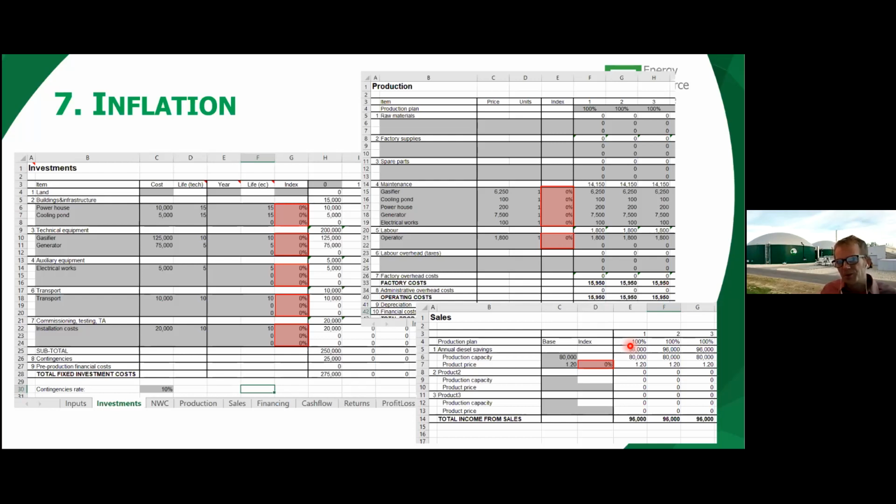Yeah, well, basically, in such cases, it will have to affect the sales price.